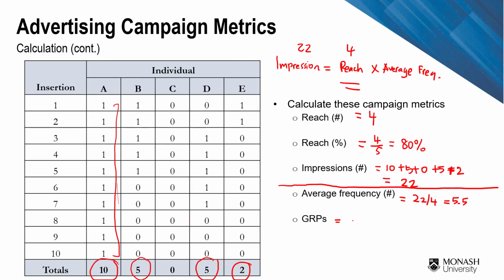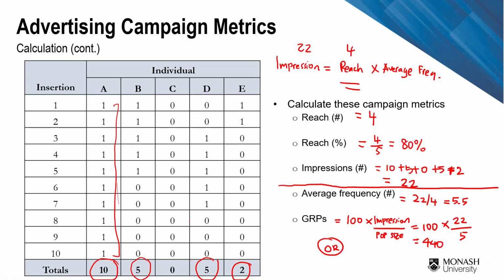So I'm just going to write that down: 100 times the impression divided by population size. In this case, it is 100 times the impression, which is 22, divided by the population size, that's 5. So this will give me 440 points.